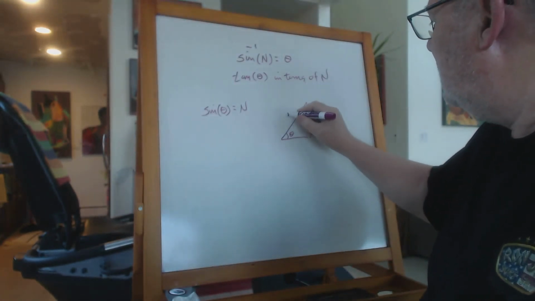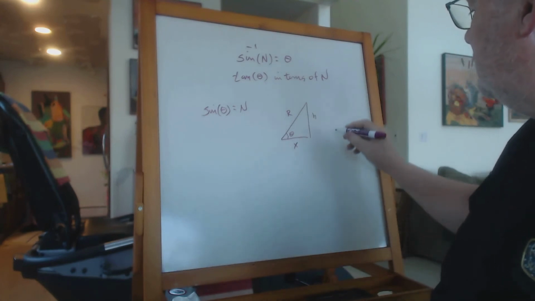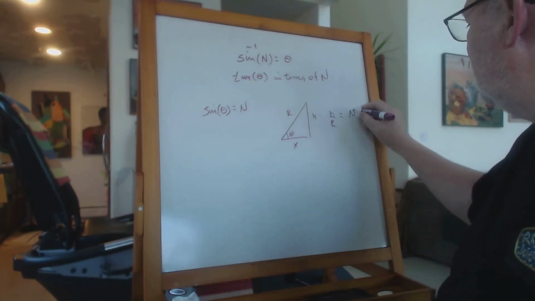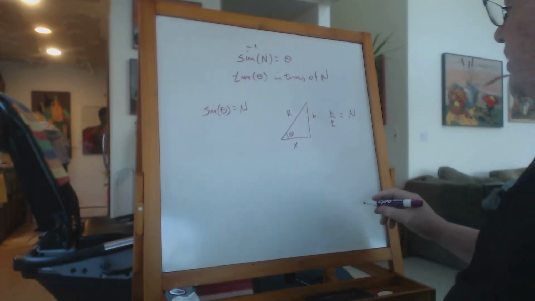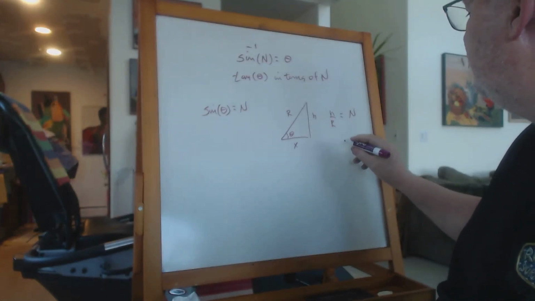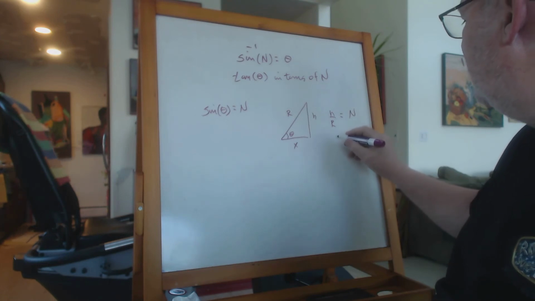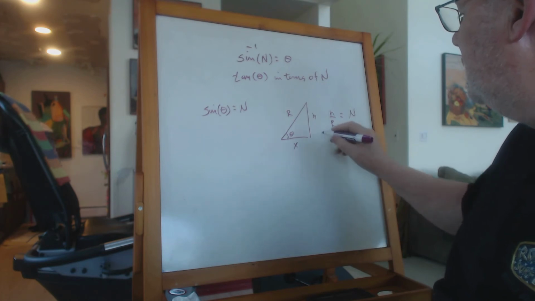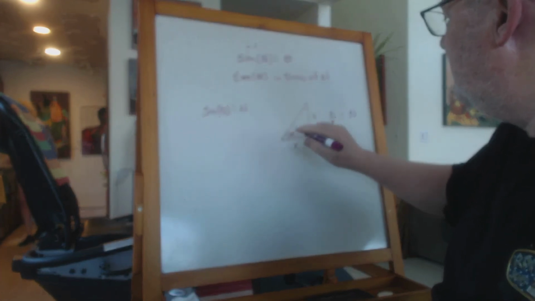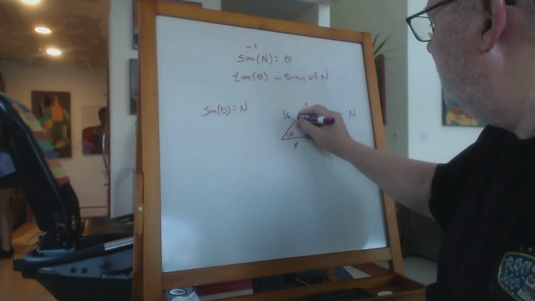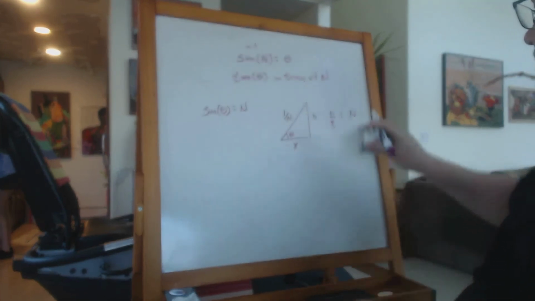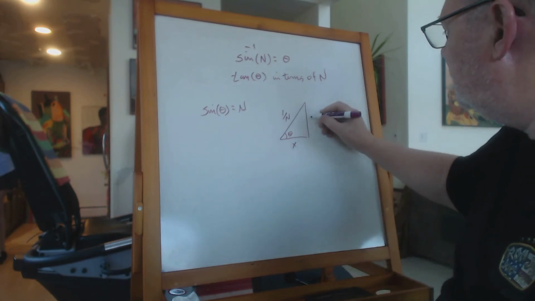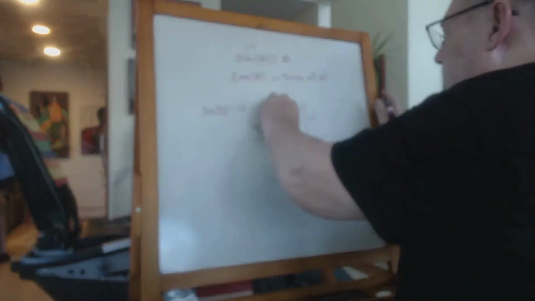H on R is equal to n. And in order for us to get that, or we can say that this is n and this is 1.